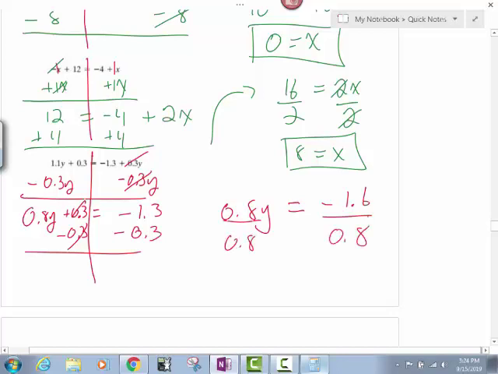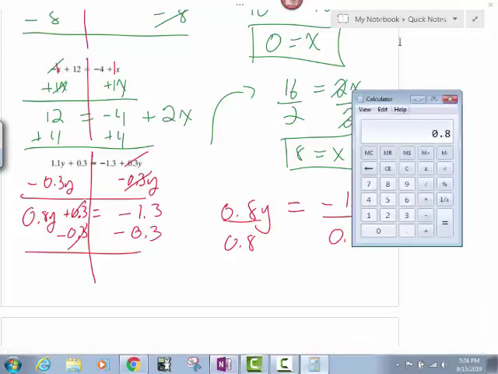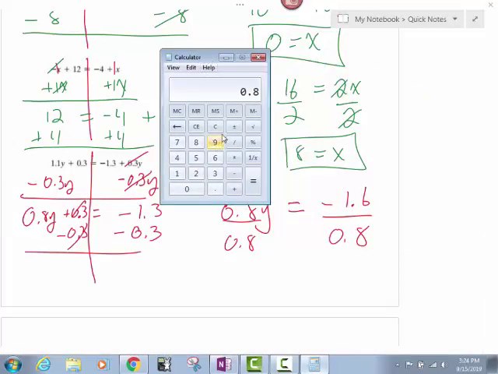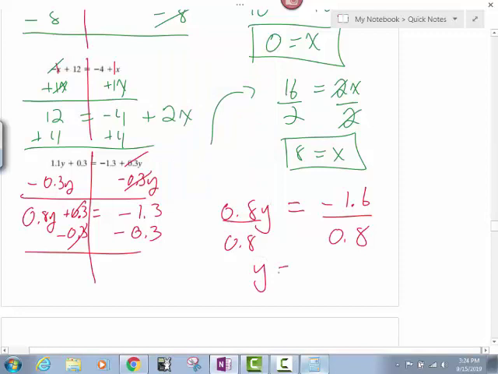Okay. So again, if I grab my calculator, clear that out, negative 1.6 divided by 0.8 equals negative 2. So right here I'm going to get y equals negative 2. Good.